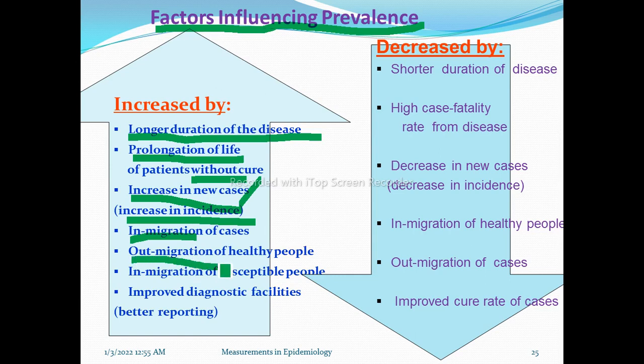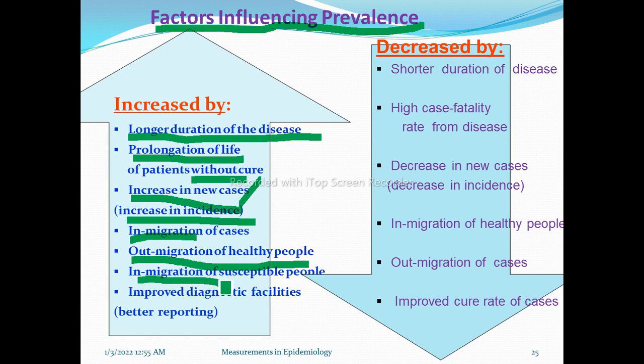The other is out migration of healthy people. That means if healthy people migrate from your community, the healthy population decreases, so the total population decreases and they will increase the prevalence.